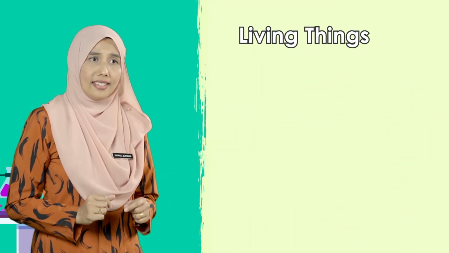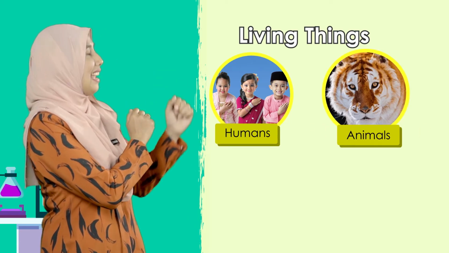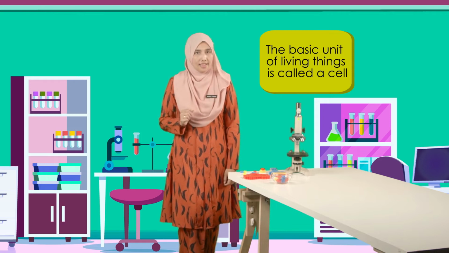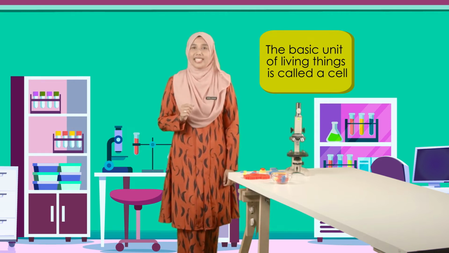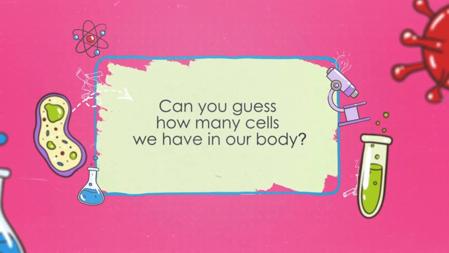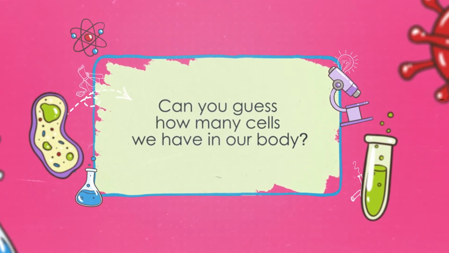Pupils, the same applies to living things such as humans, animals, and plants. The basic unit of living things is called a cell. Our body is made up of cells. Can you guess how many cells we have in our body? Wow, that is correct.